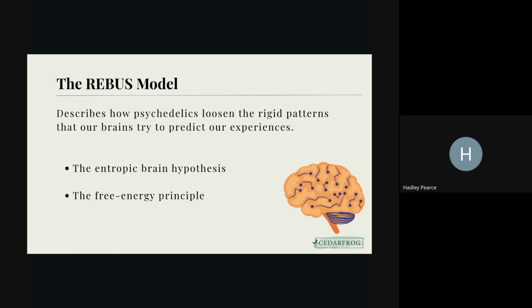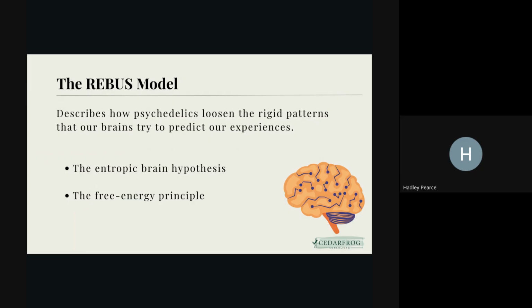It combines 2 ideas: the entropic brain hypothesis, which states that psychedelics increase brain flexibility and reduce order, and the free energy principle, which is where the brain works like a prediction machine, constantly guessing what will happen next and updating its beliefs based on what it experiences.